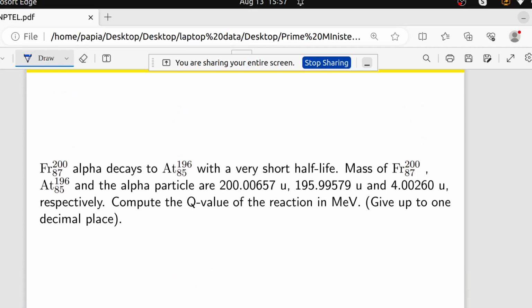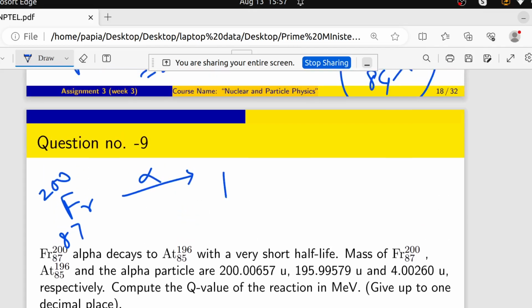In question number 9, they are asking: Fr 87-200 undergoes alpha decay, and what is it becoming? It is becoming At 85-196. This is with a very short lifetime. Masses of these are given. Compute the Q value of the reaction in MeV.